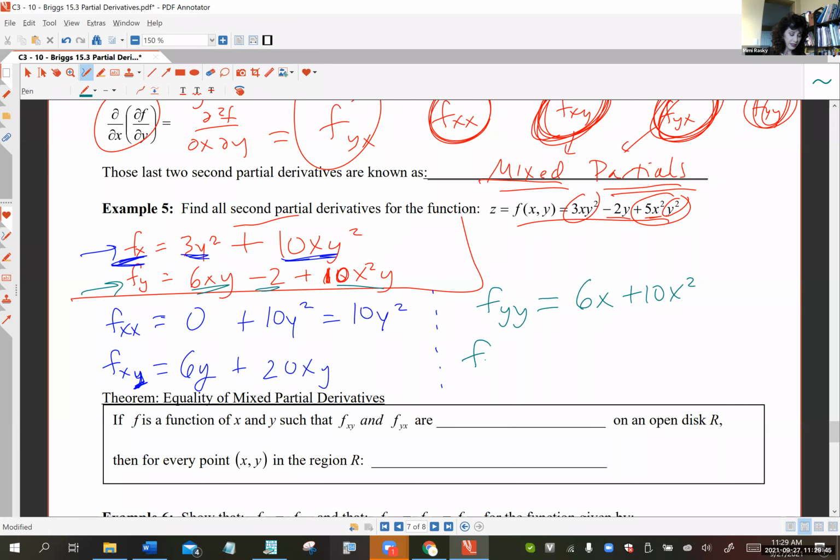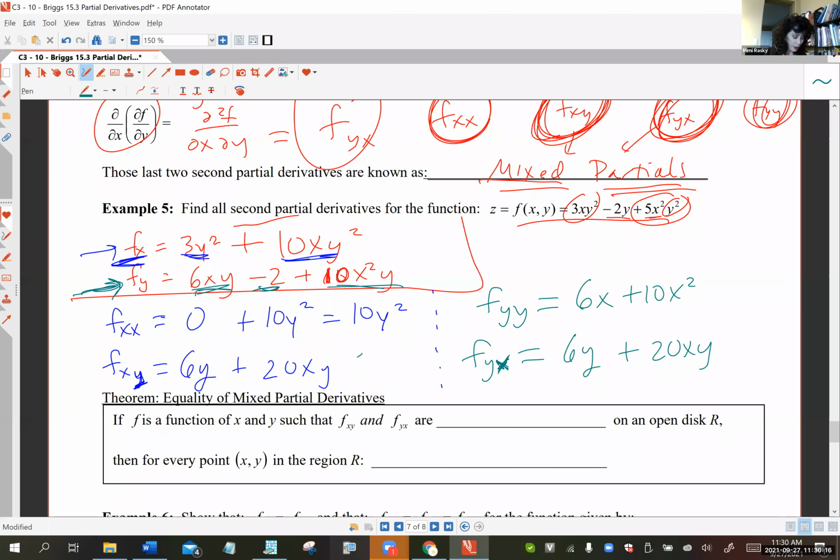And then last, the other mixed partial, fyx, you're going to take fy, look at him again, but take his derivative with respect to x. So 6xy's derivative with respect to x is 6y, and then the derivative of minus 2, of course, goes to 0. And then the derivative of 10x squared y with respect to x, you're going to get 20xy.